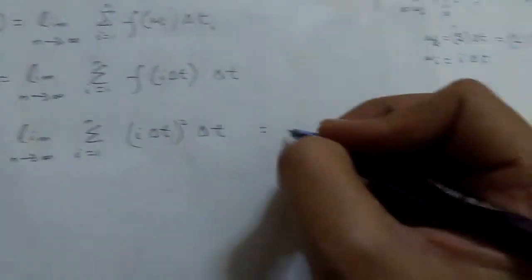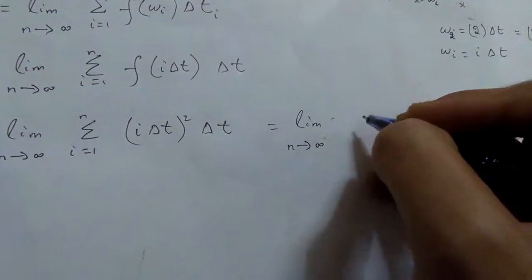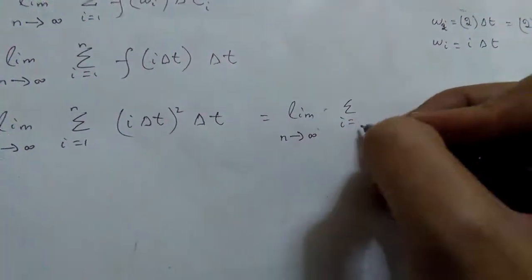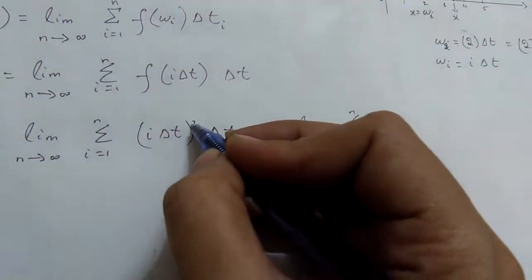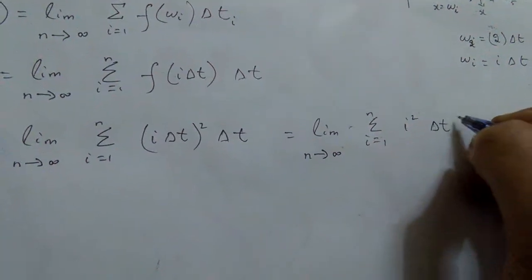So this is going to be the limit as n approaches infinity of the summation, i going from 1 to n, of i squared del t squared, and one more del t, it becomes del t cubed. All right, this is it.